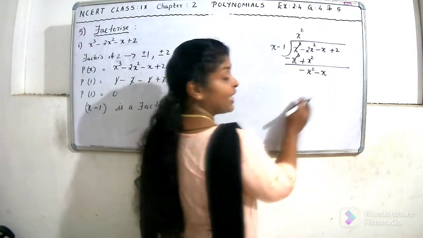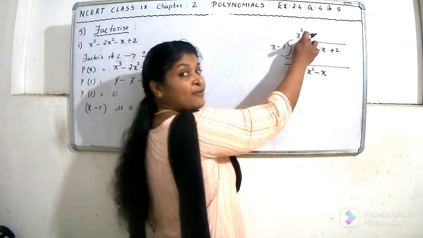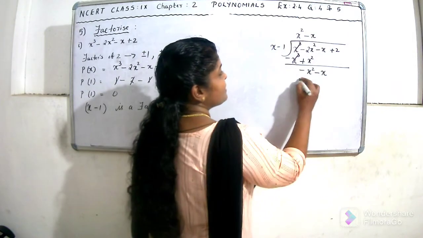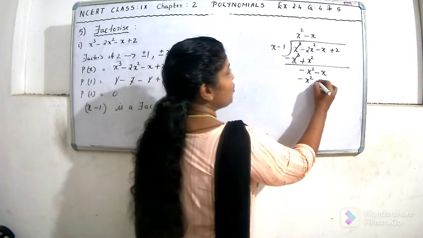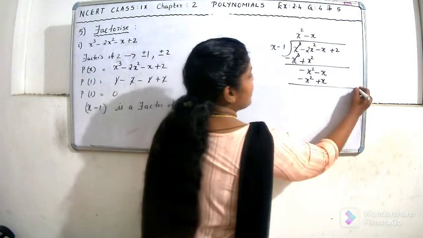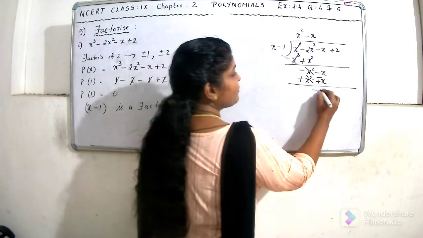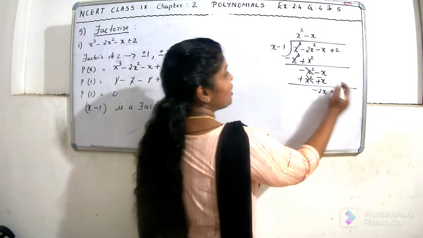So negative x here. Now x minus 1, by which number do we multiply to get negative x square? That is negative x. Negative x into x is negative x square, and negative into negative gives positive x. Now subtraction, signs change, so these two are eliminated. Here we get negative 2x. The next number is positive 2.